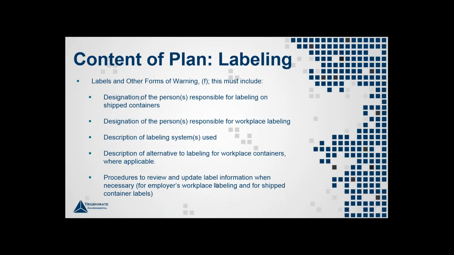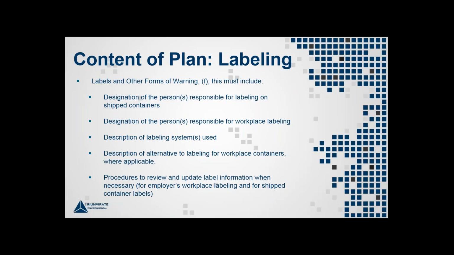Okay. So again, in the labeling section, I wanted to make sure that this stuff was in there. You have to make sure of the designation of persons responsible for labeling on shipped containers. So if you're shipping materials out, you have to have this person designated. Then you also designate a person responsible for workplace labeling. It can be the same person or two different people.